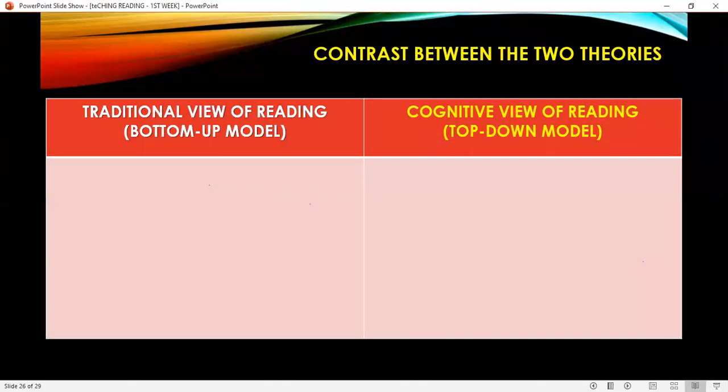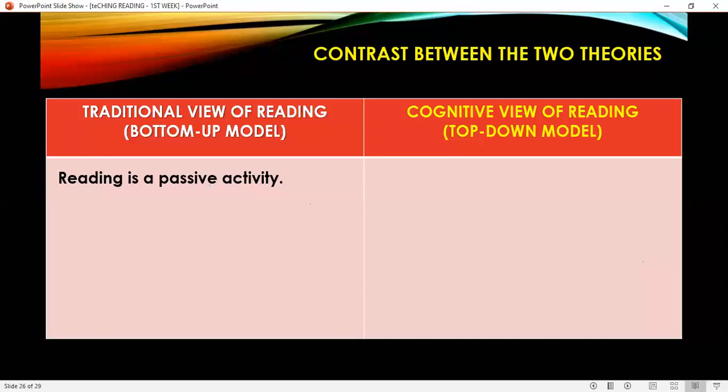Traditional view of reading, remember, bottom-up model. Cognitive view of reading, top-down model. All right, so we have two models. Then we're going to analyze a third one, but first these two, yeah? Traditional view of reading. So reading is a passive activity. Just to decode symbols and say exactly what the text said, no?